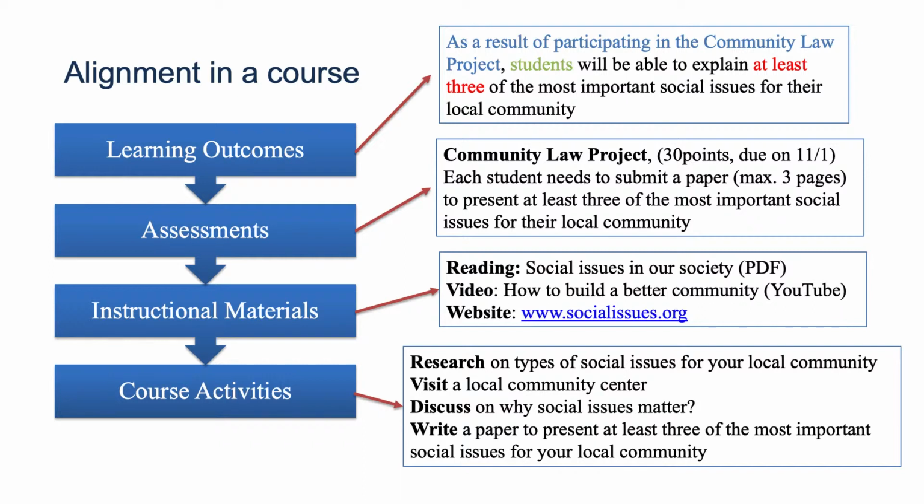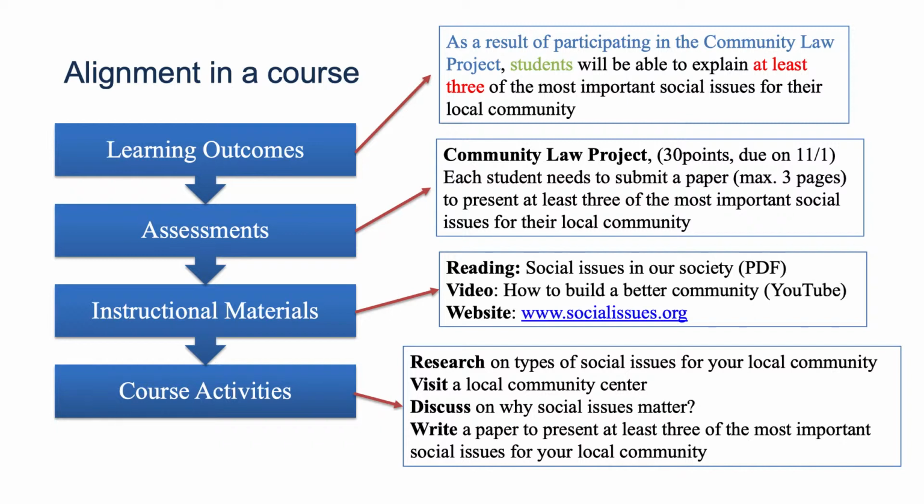Here's a learning outcome, such as a result of participating in the community law project. Student will be able to explain at least 3 of the most important social issues for their local community. To keep an alignment, instructor has a community law project as an assessment, a PDF about social issues in our society for reading, and a YouTube video about how to build a better community.